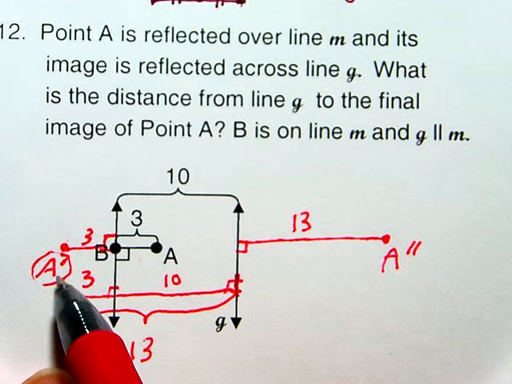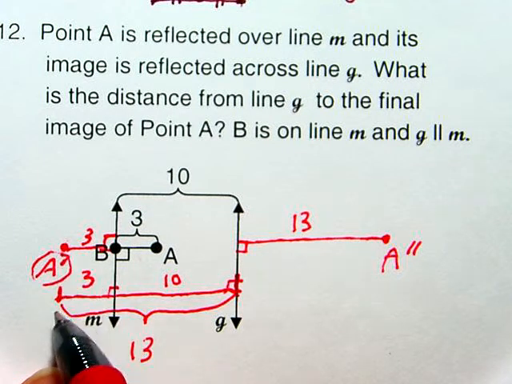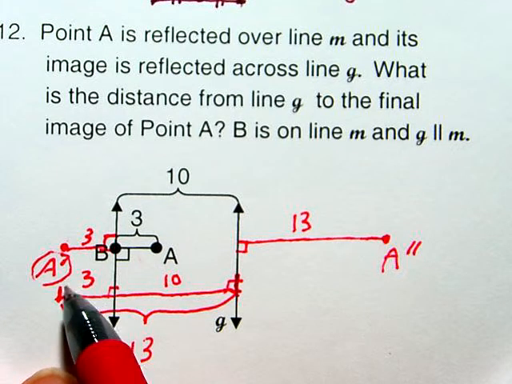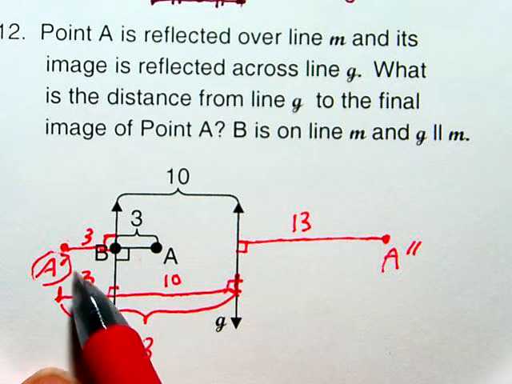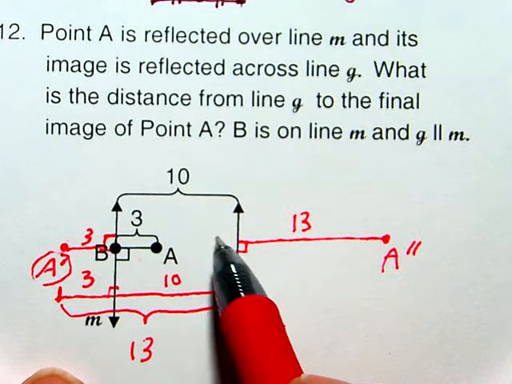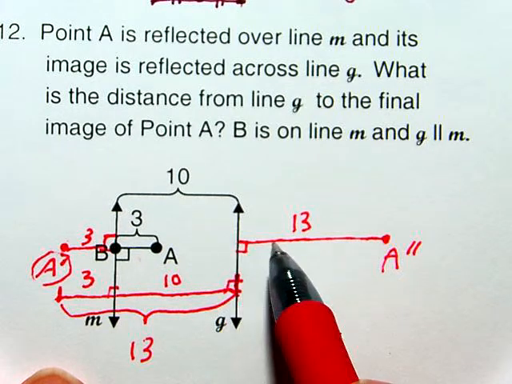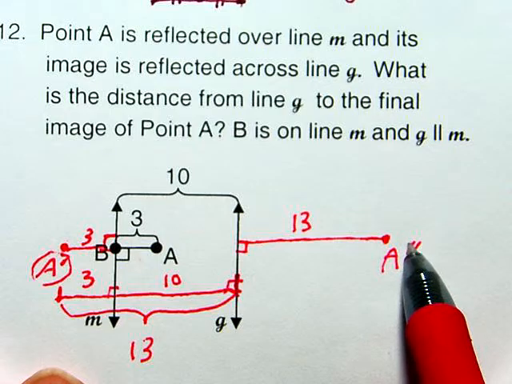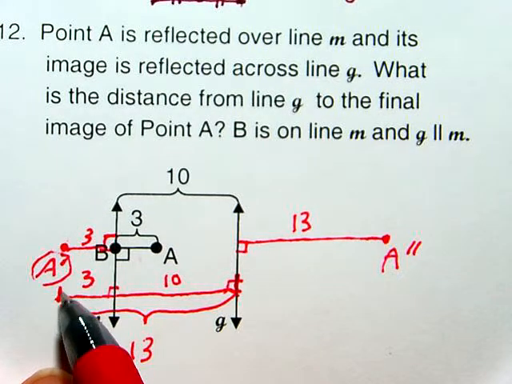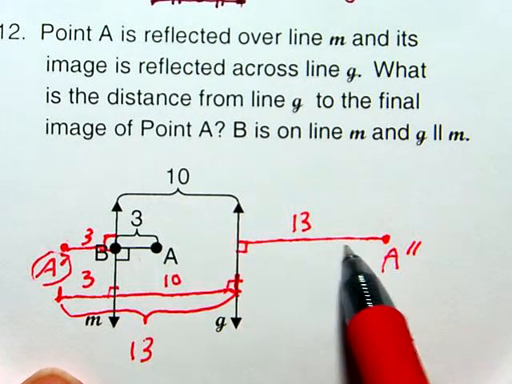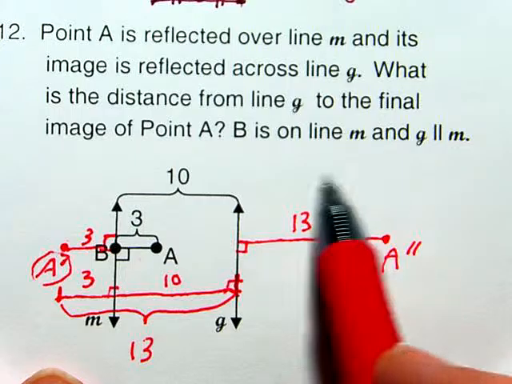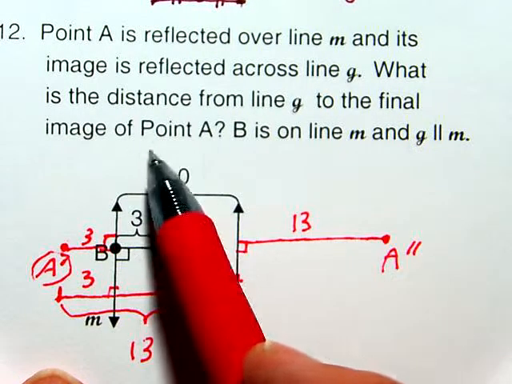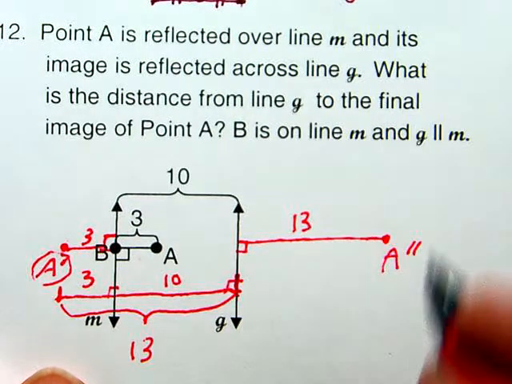So A prime is 13 to the left of G. So when we reflected A prime over G, we then brought it to a distance of 13 to the right of G. So A prime prime, which is the reflection of A prime, is now 13 to the right of G. So what is the distance from line G to the final image of point A? It would be 13. The answer is 13.